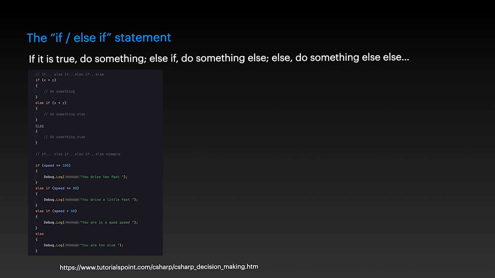So the if statement for the first one is false. So it will run to the second one, else if, and check it. And yes, if the speed is 90, then 90 is absolutely larger or equal to 80. So it will start executing debug.log, you drive a little fast, right?